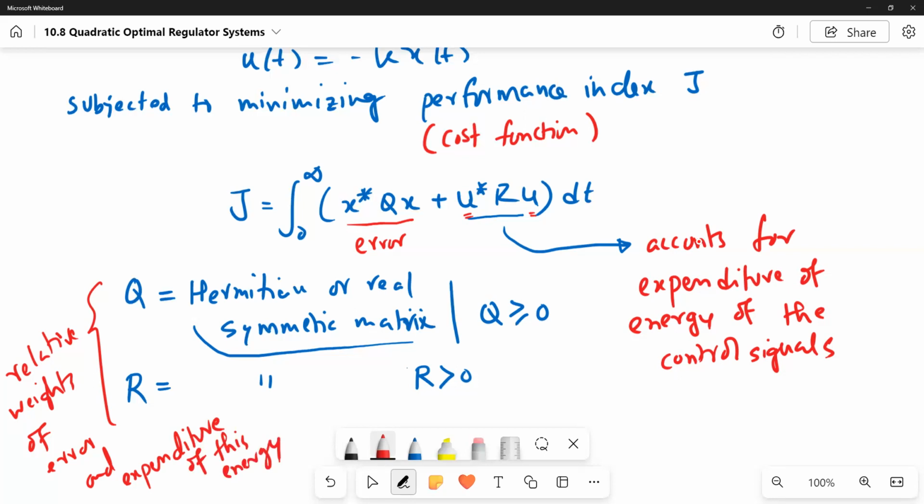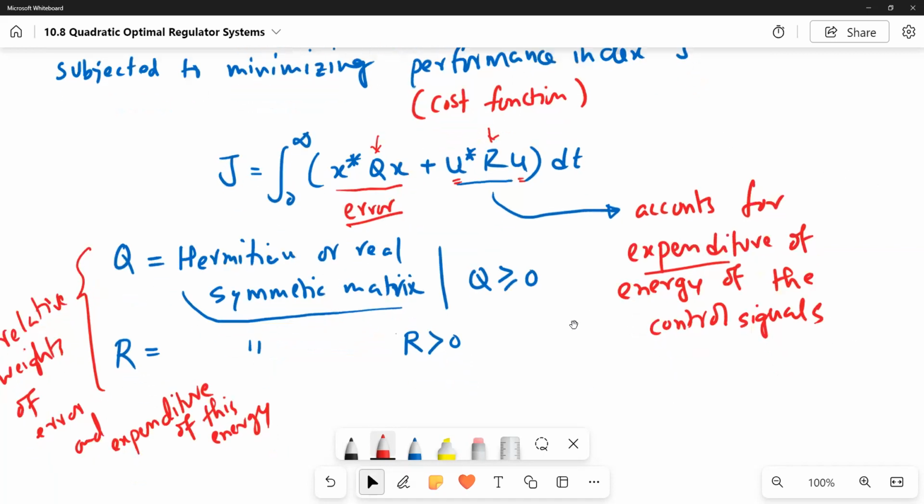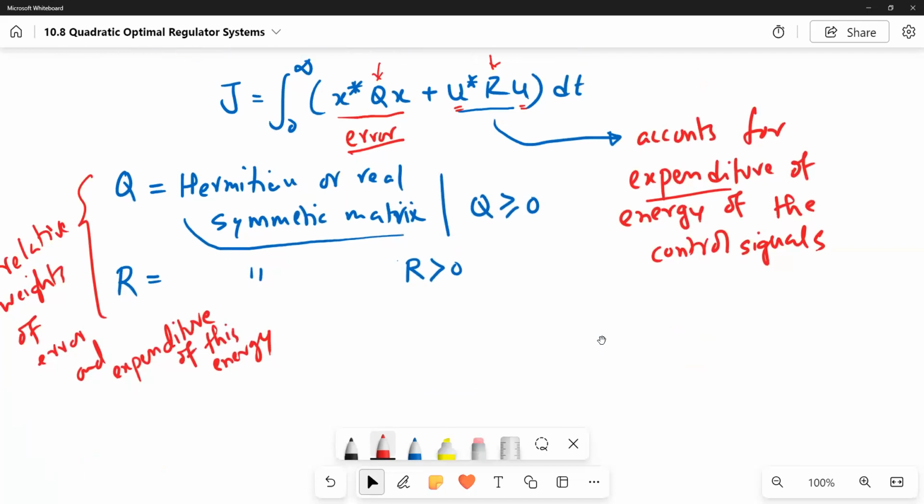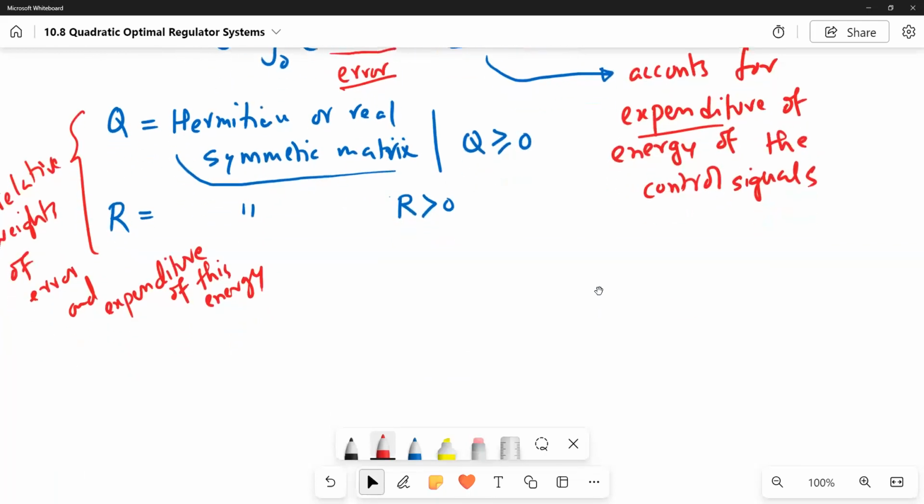Whether we prioritize the error or the expenditure of energy depends on what values you choose for Q and R. Both commonly have to be positive definite, or Q can also be positive semi-definite, which means it can also take the value of 0.